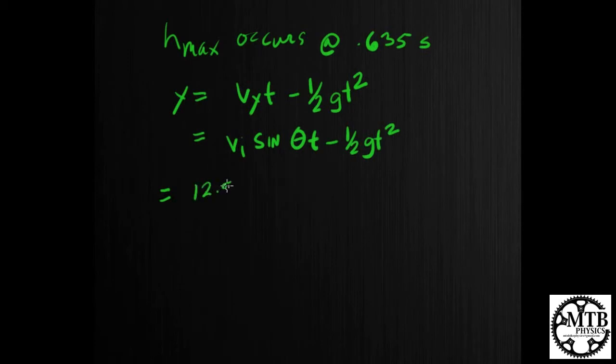Initial velocity 12.5 meters per second times the sine of 30 degrees times our time, which is 0.635 seconds.